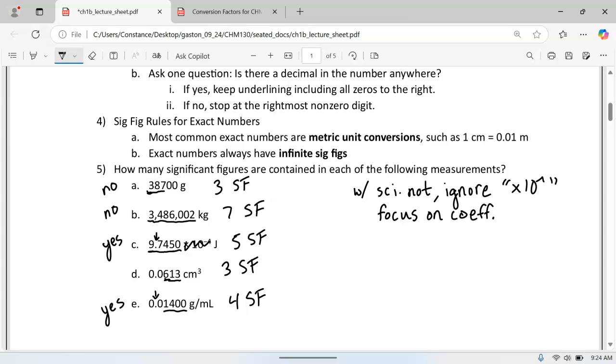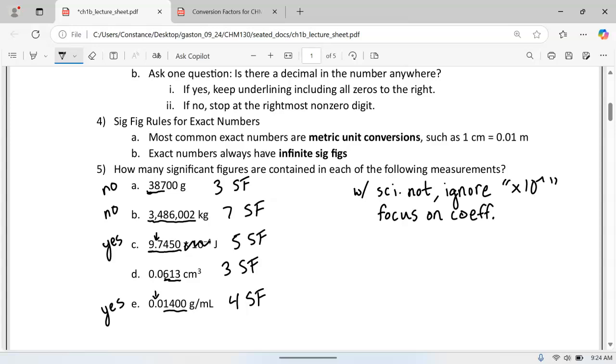Okay, now the one thing I didn't cover yet are sig figs for exact numbers. In this class, there are several types of exact numbers out there, but the ones that we focus on are the metric unit conversions.